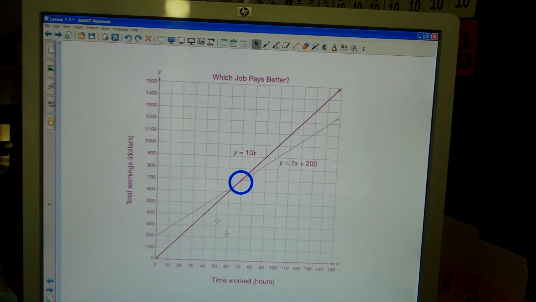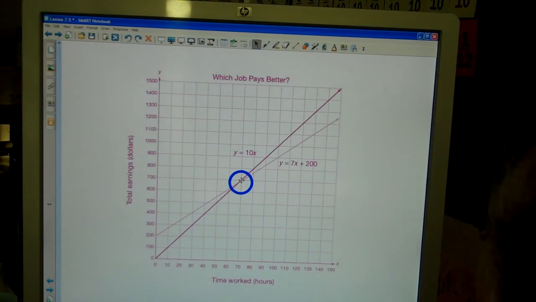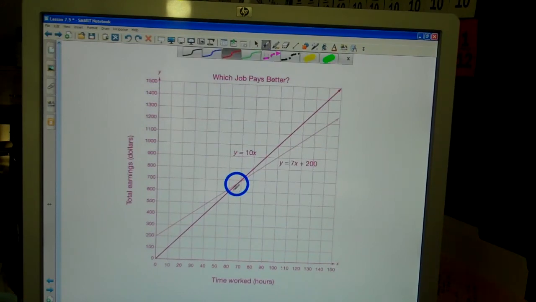If I look at the graph, I am not able to see that. It's between 60 and 70. Actually, the solution's down here somewhere, so I'd have to guess. It's not accurate. And how are you going to find 67 cents on this graph? It's counting by 100. You can't.